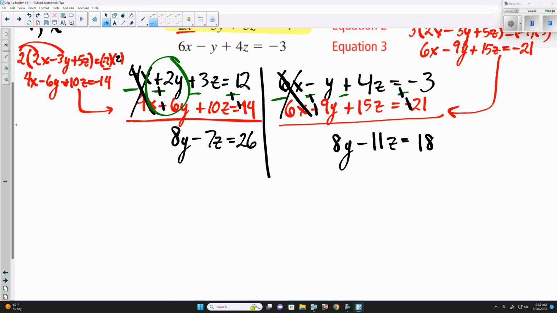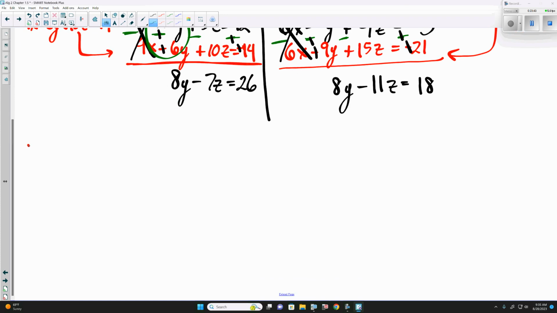If I wanted to eliminate z, it would not be an incorrect step. But for the equation on the left, I'd have to multiply it by 11. The equation on the right, I'd have to multiply by 7. I'd have to actually do something to both equations. Here, it's already 8. So what we can do is I can just take both equations and put them over the top of each other. We can go on and start.